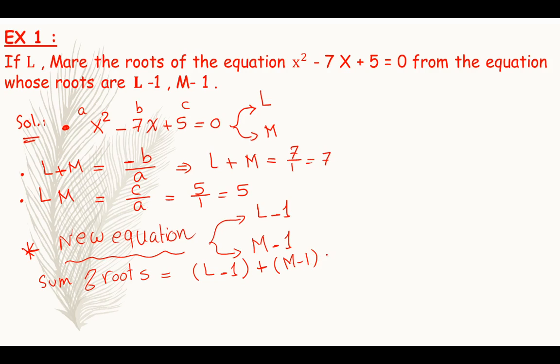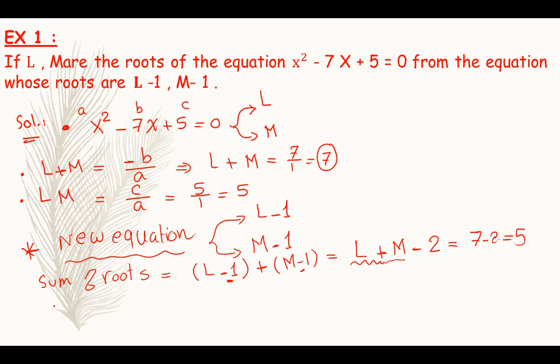So the result will be L plus M, and here we have minus 1 and minus 1, so it will be minus 2. But we know that L plus M equals 7 from the first step, so we replace L plus M by 7. 7 minus 2 equals 5.